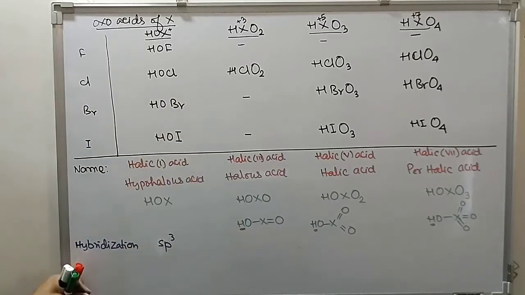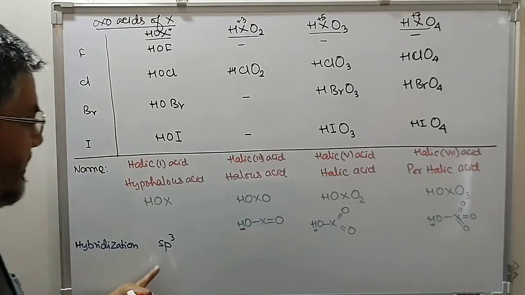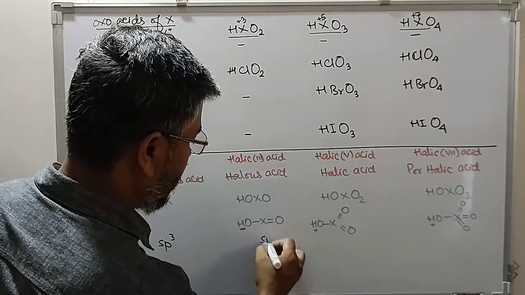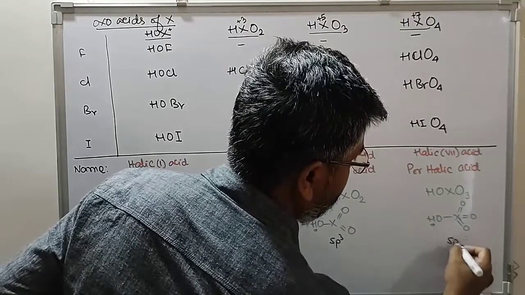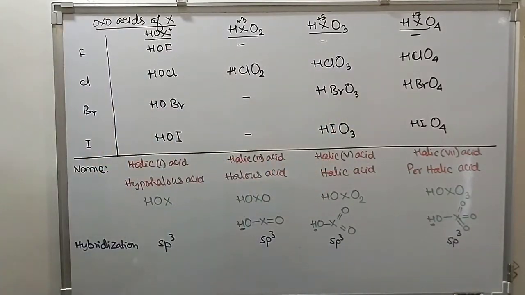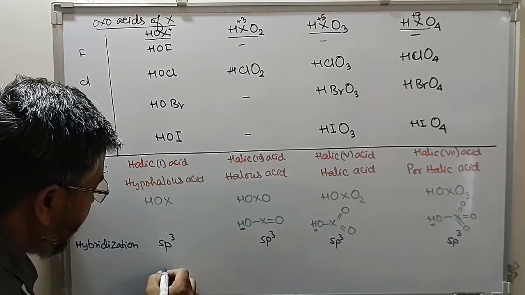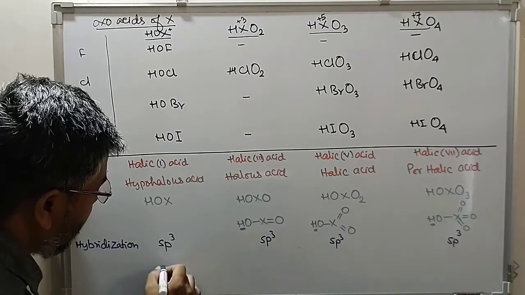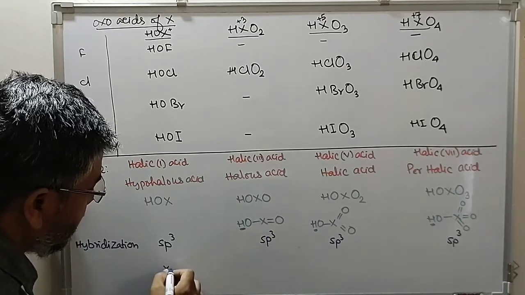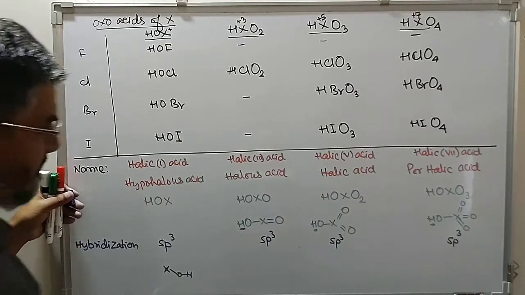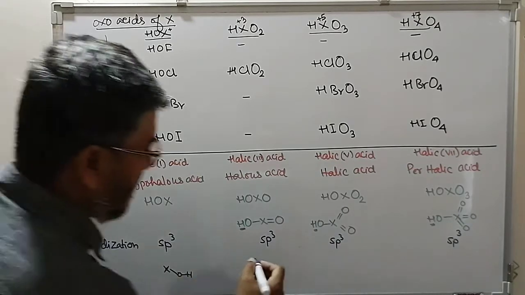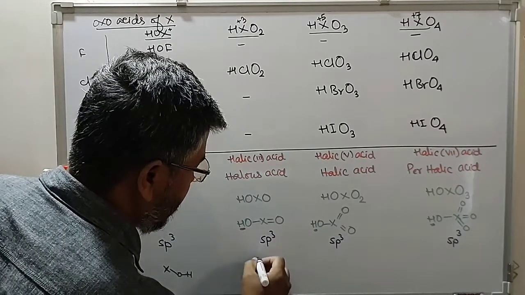In all these oxoacids of halogen, the central atom halogen is sp3 hybridized. So that means this is tetrahedral. So if you look at the structure, we have this X, O, H.